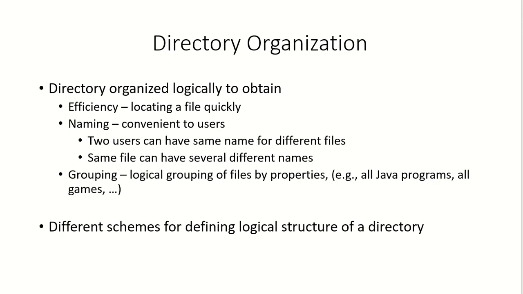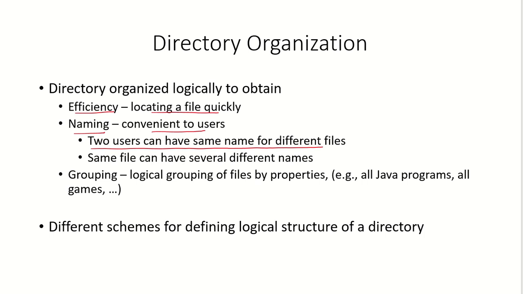The directory is organized logically to obtain efficiency, so that any file that the user is looking for can be located very quickly, and also for naming. This is convenient to users. Two users can have the same name for different files.